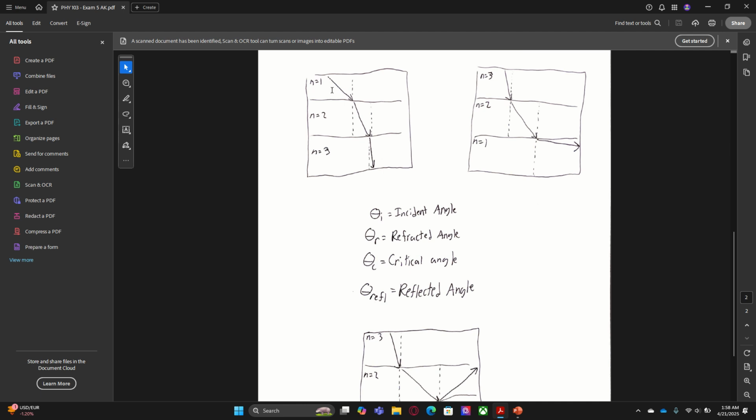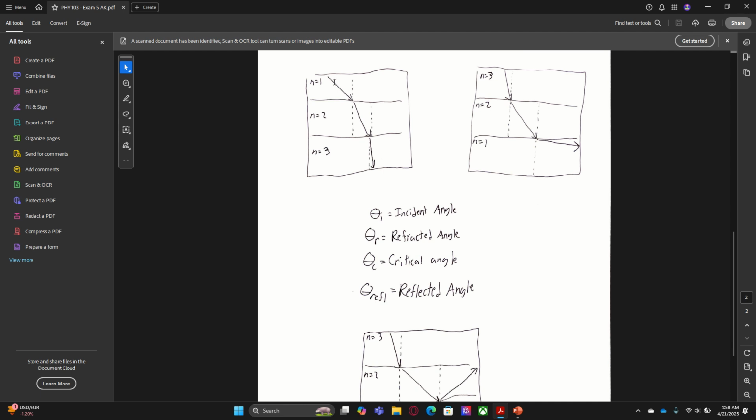Let's say we have a ray that's flowing through some material where the refractive index is 1, and then it approaches a material where the refractive index is 2. Well, there's two possibilities. The ray may sometimes reflect or may sometimes refract. If we are increasing in refractive index in n values, we're just going to assume that we're refracting because it's a possibility.